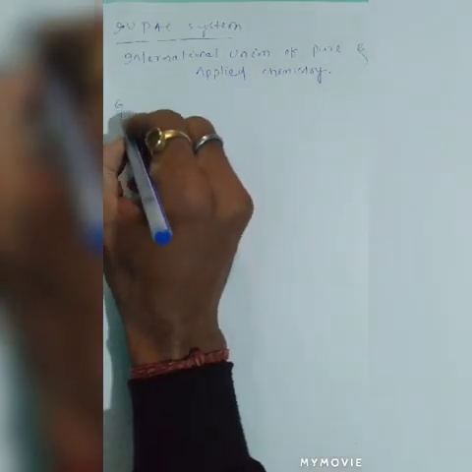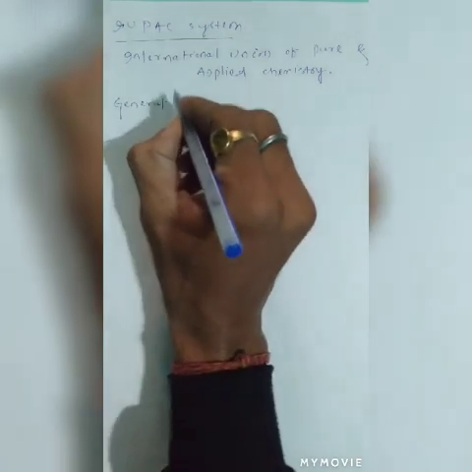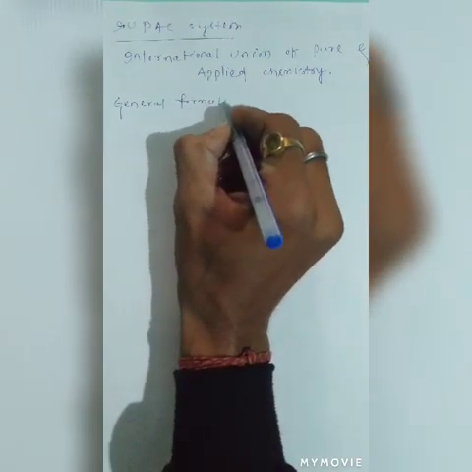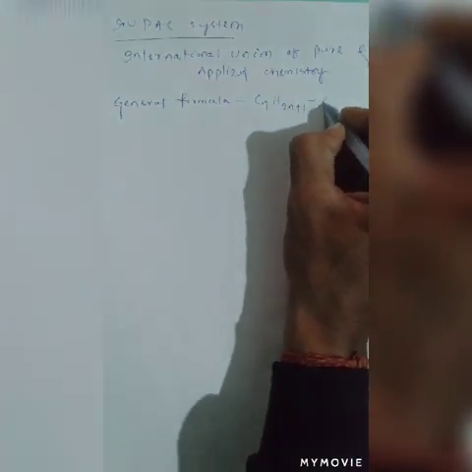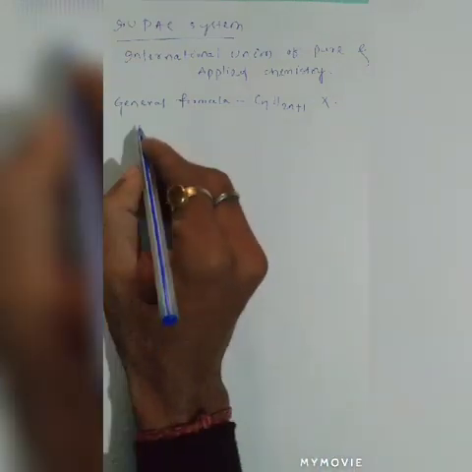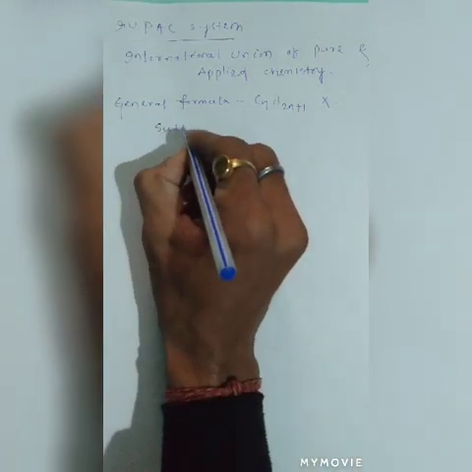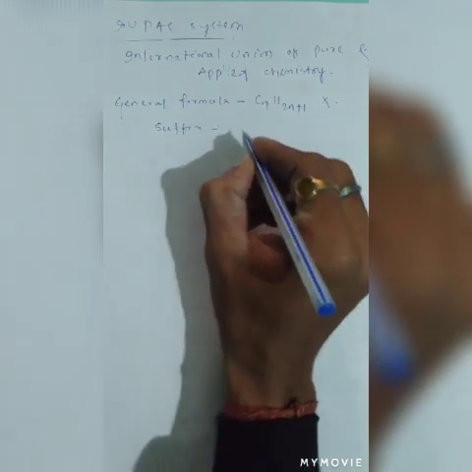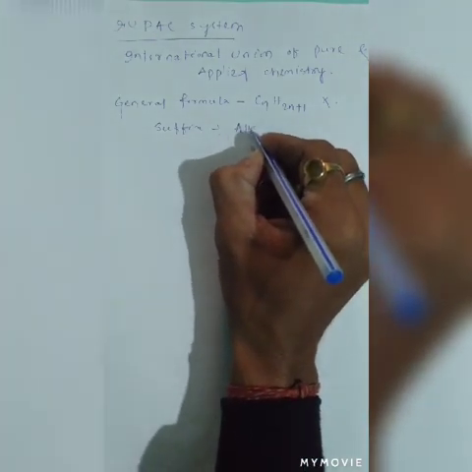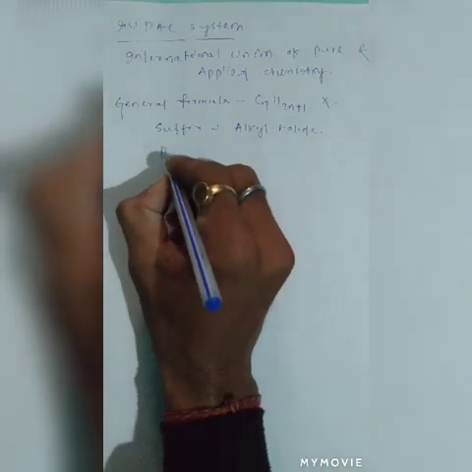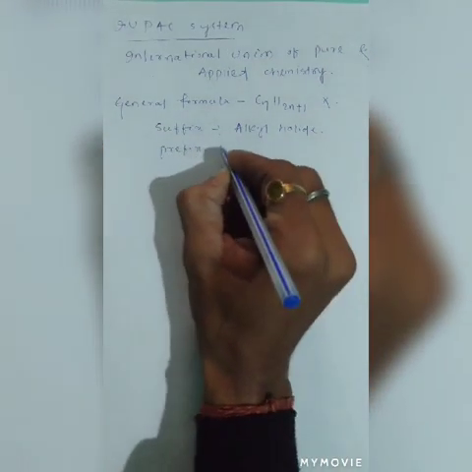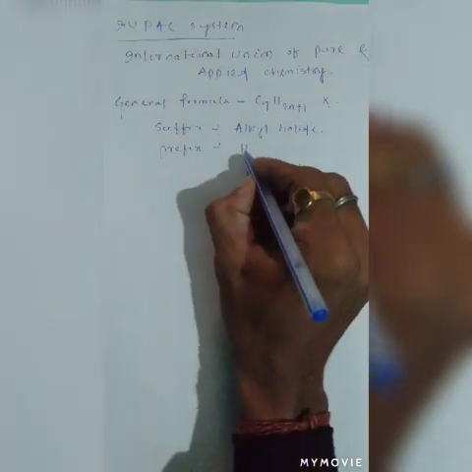How are haloalkanes or alkyl halides named? We know the general formula of a haloalkane is CnH2n+1 with one halogen atom attached, that is X. Here the suffix is named as alkyl halide, and the prefix used as a substituent is halo.